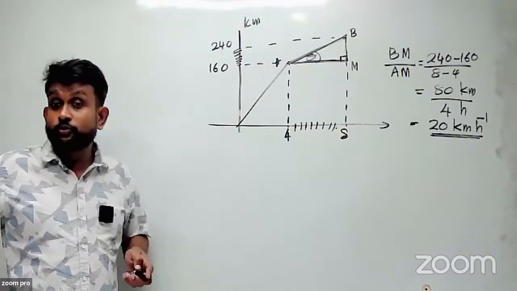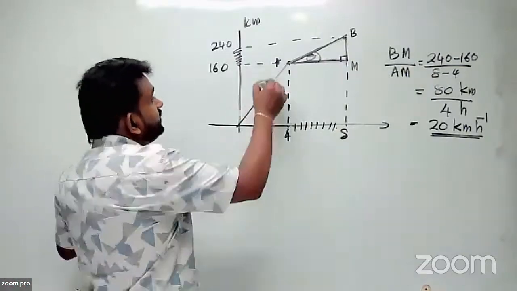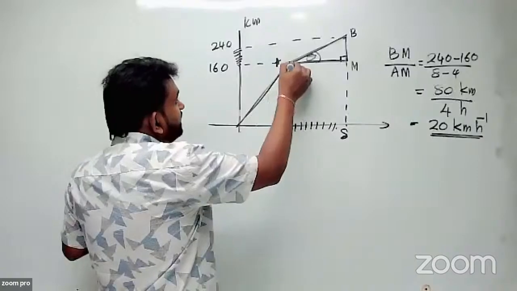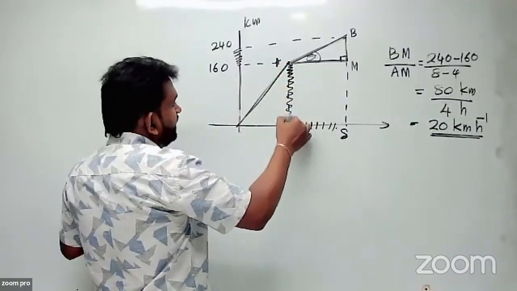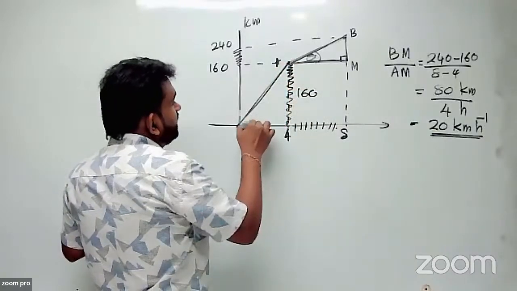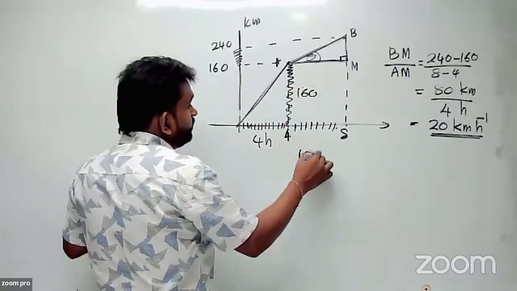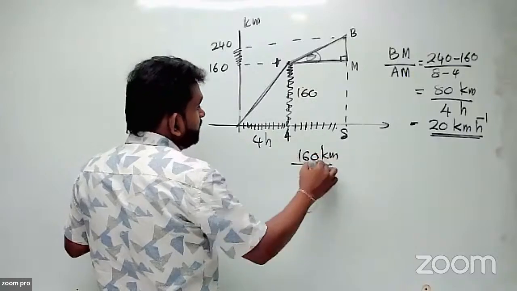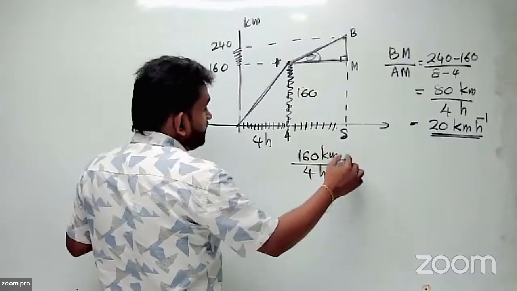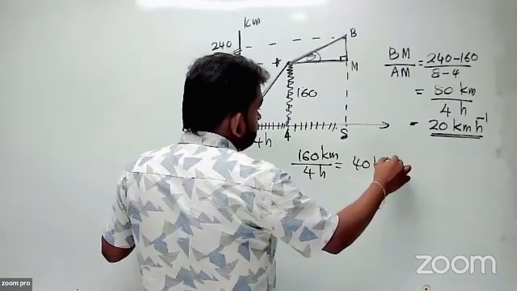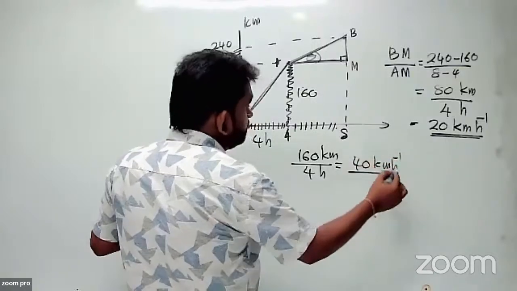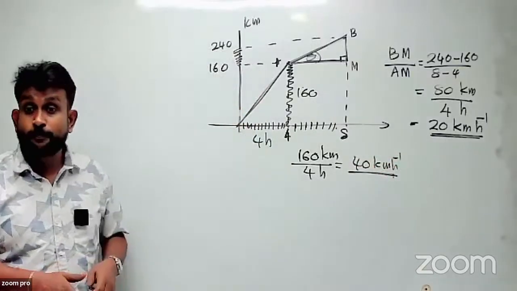If they ask to find this part's speed, just take this vertical height, that is 160, divided by this length, that is 4 hours. 160 kilometers divided by 4 hours is 40 kilometers per hour.